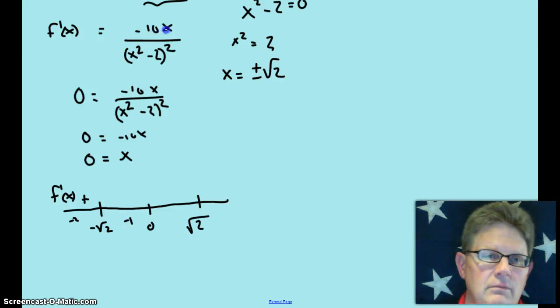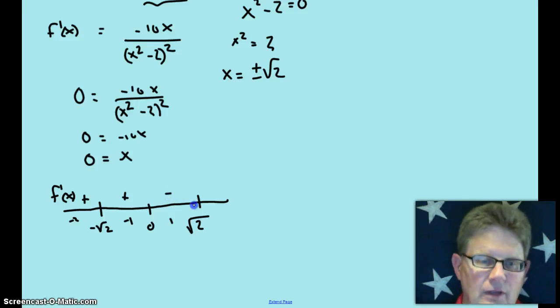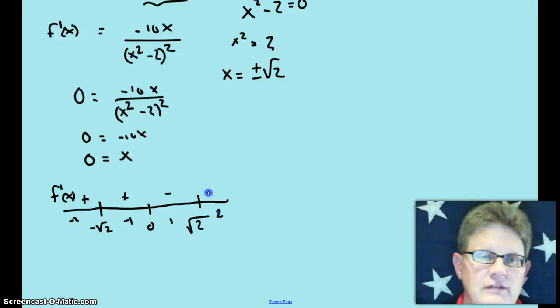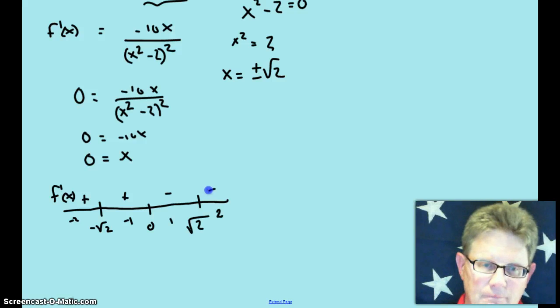Negative 10 times negative 1, positive 10 over another positive. And then let's put in 1. Then we have negative 10 over 1. That's negative. And now let's put in 2. That's negative 20 over 4, which is negative.